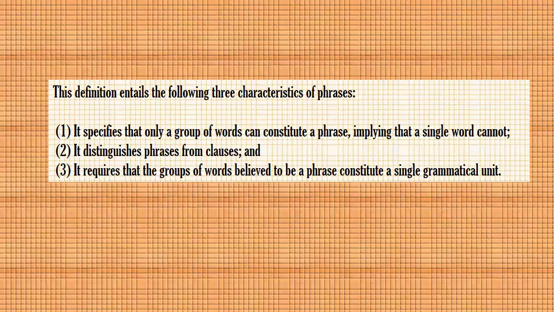Three, it requires that the groups of words believed to be a phrase constitute a single grammatical unit. We accept 2 and 3, but we must revise 1 by saying that we reject the claim that single words cannot constitute phrases.